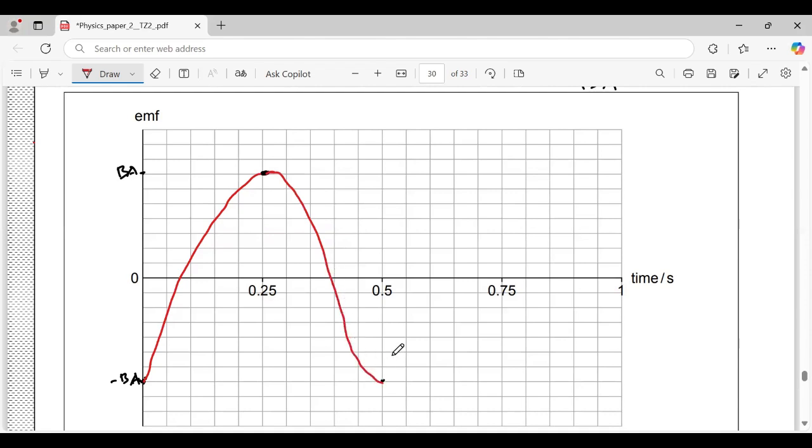That is the half period already done. It will repeat periodically as a trigonometry graph, so it becomes here, like that, and here.